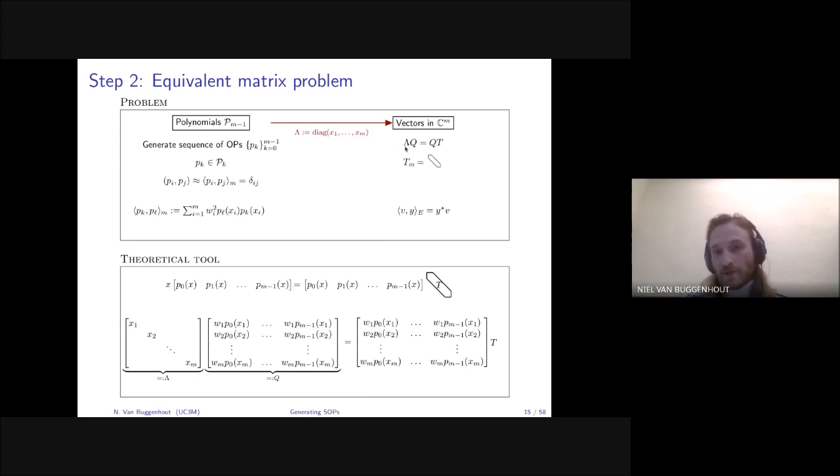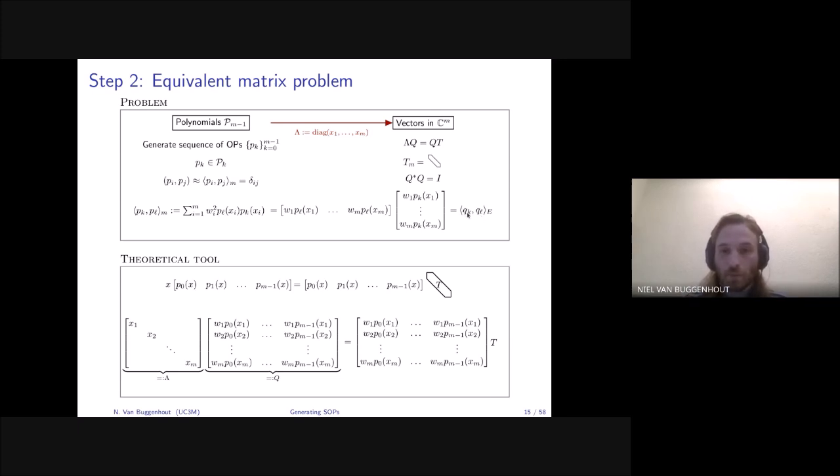We know that we want a factorization of lambda times Q equals Q times T. And you can verify that this Q is in fact an orthonormal matrix. So if we take q_k, here in the problem box on top, on the right in the matrix problem part, on the bottom we have q_k and q_l, of which we take the Euclidean inner product.